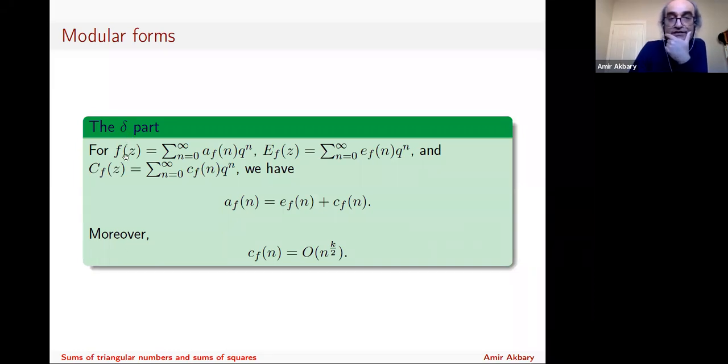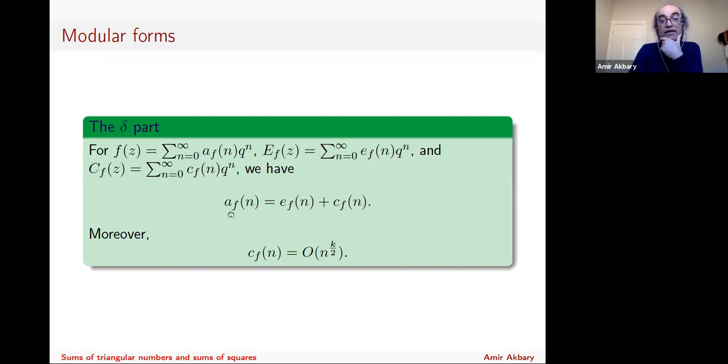Consider the Fourier expansion at infinity of f with coefficients a_f(n); there is also a Fourier expansion for Ef and for Cf. For Ef, we consider e_f(n) as the coefficient. You shouldn't confuse this E with that Ramanujan E. That E was error, but this E is an Eisenstein coefficient.